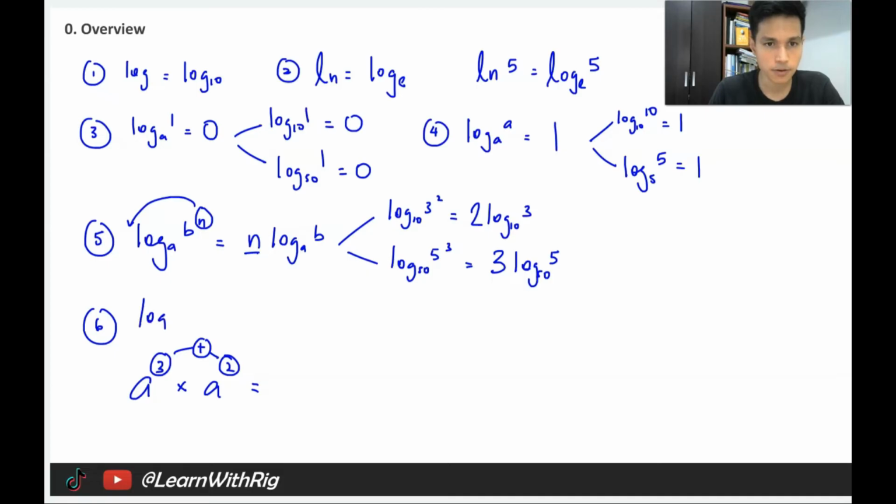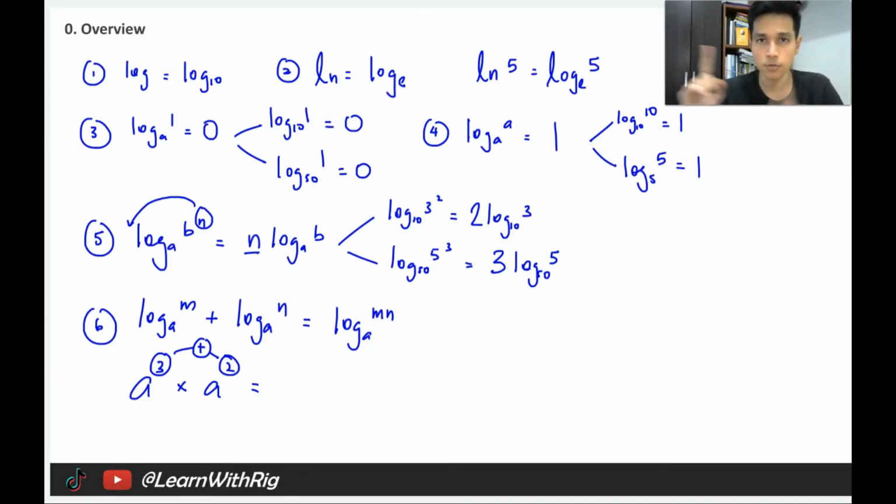So for example, if you have log m base a plus log n base a, when you see it's plus, you have to multiply the log values. So what happens is it becomes log mn base a.